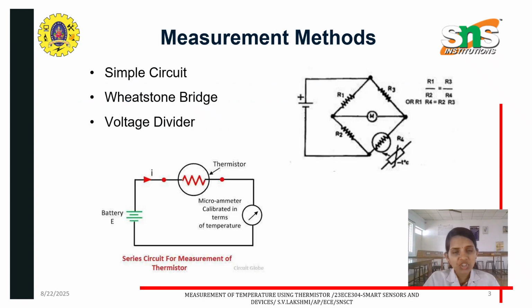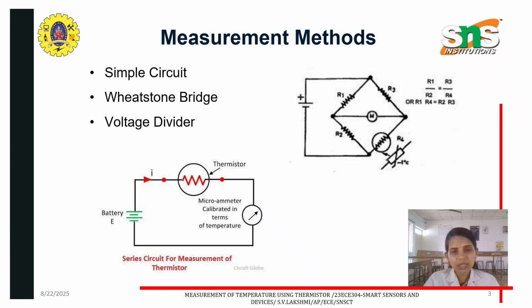So how do we measure the temperature with the help of this thermistor? There are three ways by which we can measure the temperature by using this particular thermistor. One is a very simple circuit where we use a thermistor, a battery and an ammeter to measure the temperature.